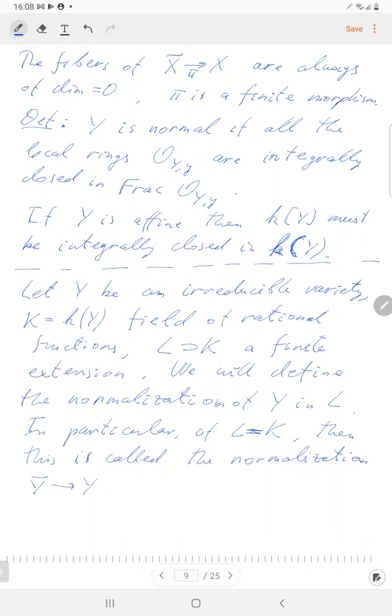But in case L equals K, this normalization will be an isomorphism generically.